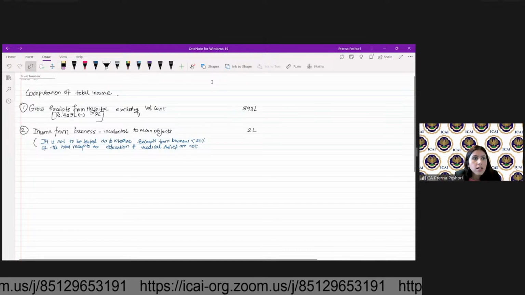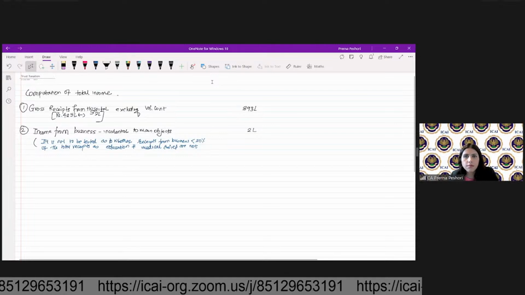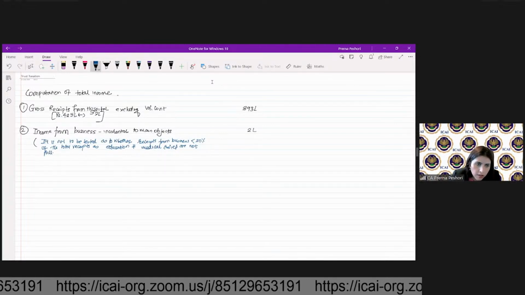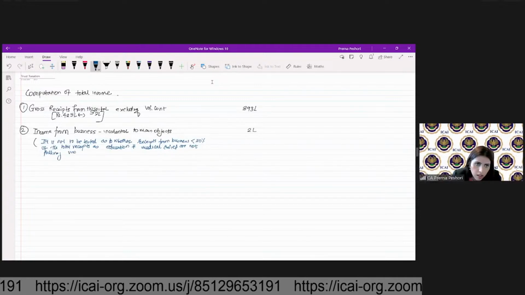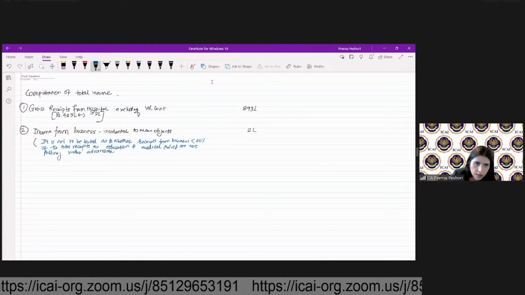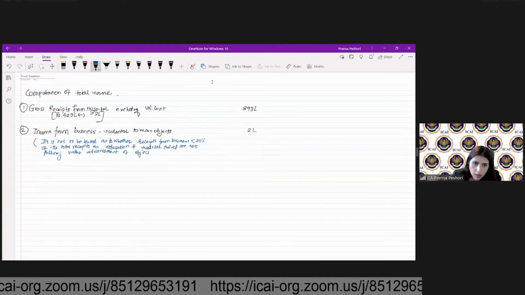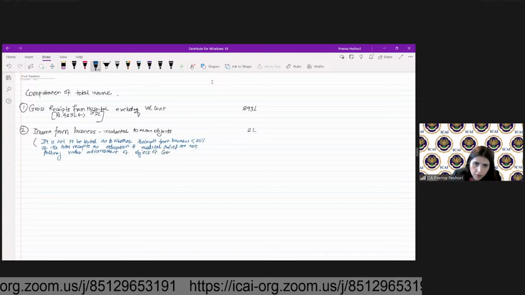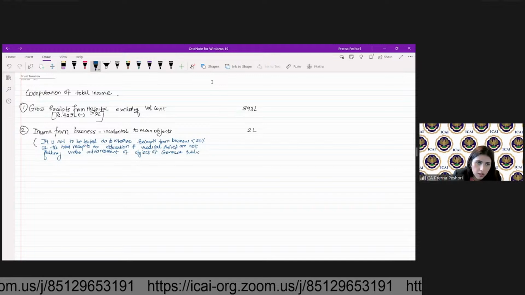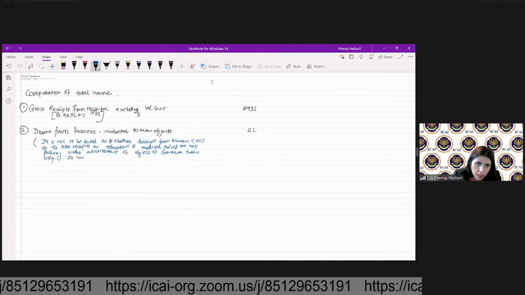Okay. So therefore you can just write down, and not falling under advancement of any other object of general public utility.